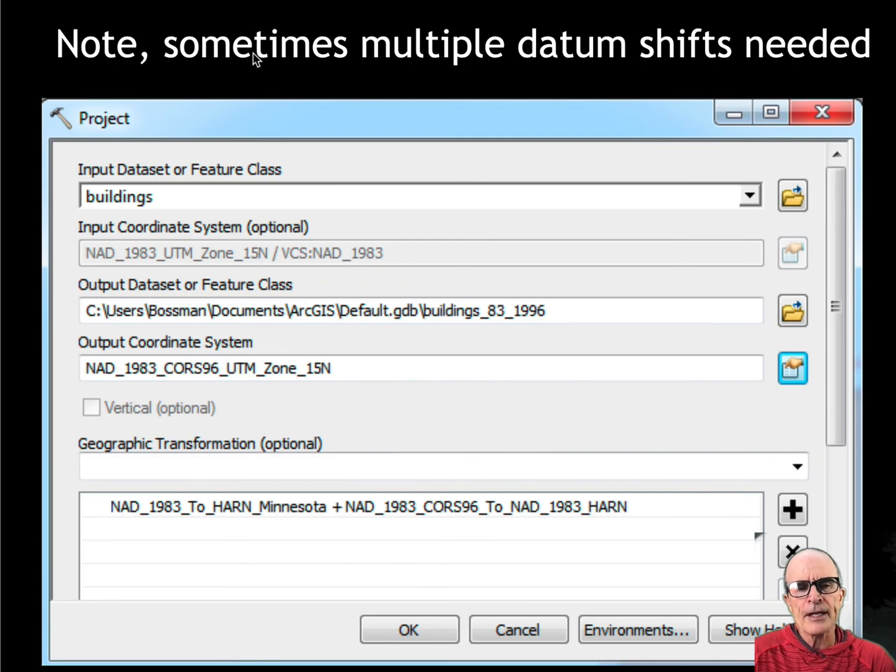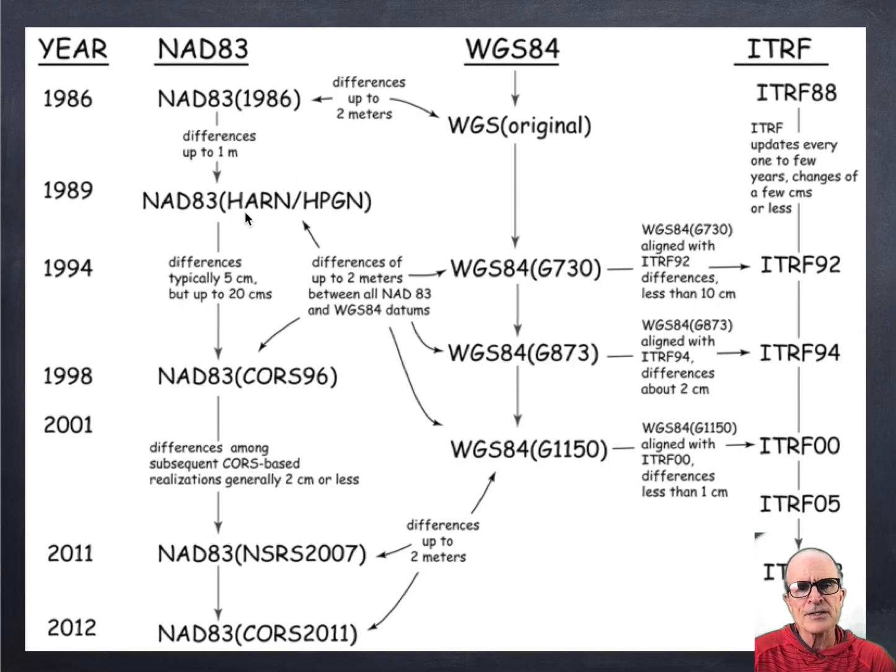Sometimes you need multiple datum shifts. Remember, sometimes there isn't a transformation from here to here. Sometimes I have to transform down a couple and go across and then go down or up to get my proper datum transformation. I'm actually applying several, one from here to here, then one from here to here.